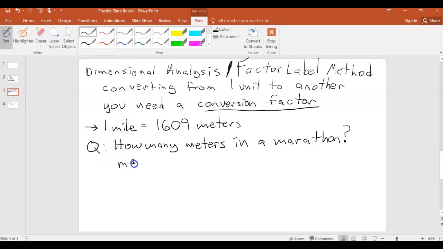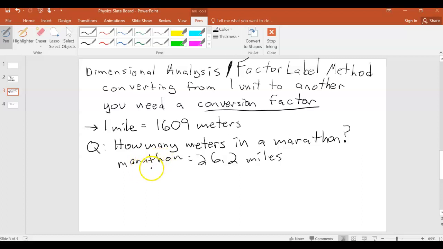Well, a marathon is 26.2 miles. Growing up in the US, we can envision maybe what 26 miles is. Maybe it's a trip close to 30 minutes away if you're going at the speed limit of 55 miles an hour, to give you an idea.